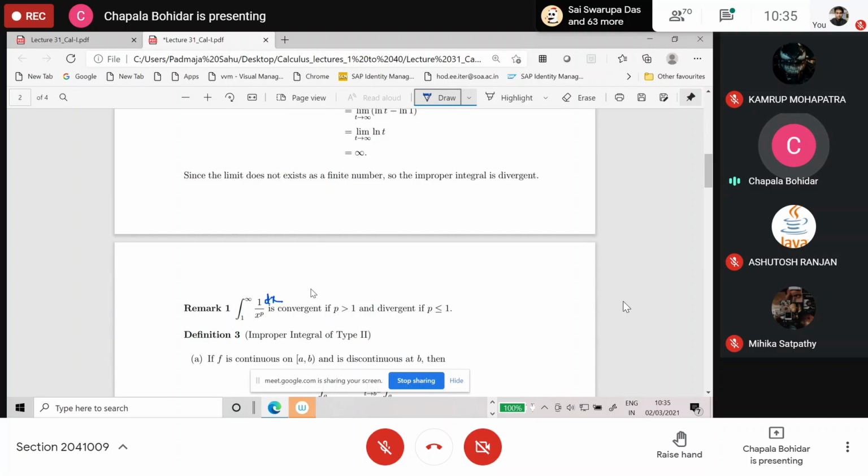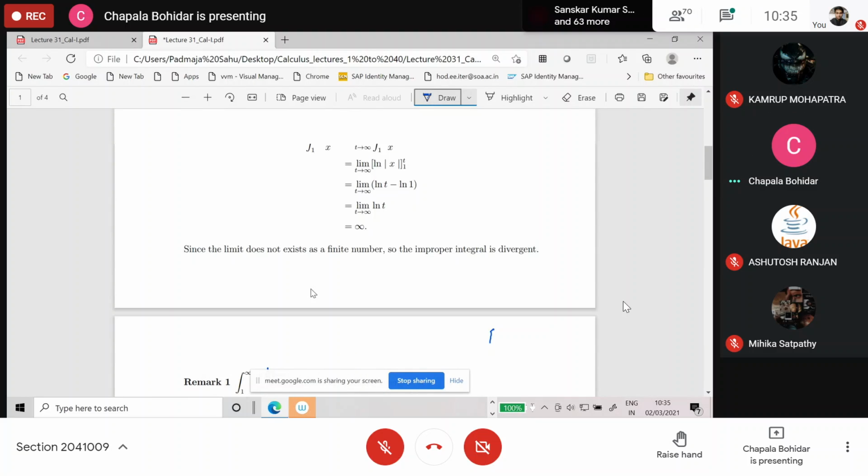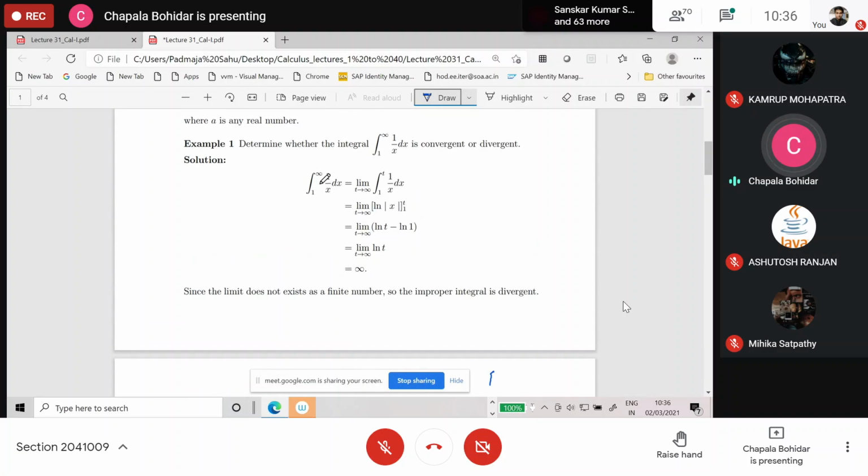It is convergent when P is greater than 1 and divergent when P is less than or equal to 1. So when I solve the last problem, the integral from 1 to infinity of 1 by x dx, the value of P is 1. It is less than or equal to 1, so we say it is divergent.